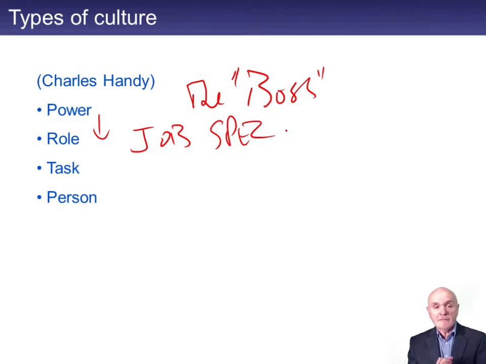So if say a colleague was ill, and I was asked to take on some of that colleague's work because maybe good relations with a customer depended on it, I might be tempted to say, no, that's not my job. It's not my job specification. My role is something quite different.